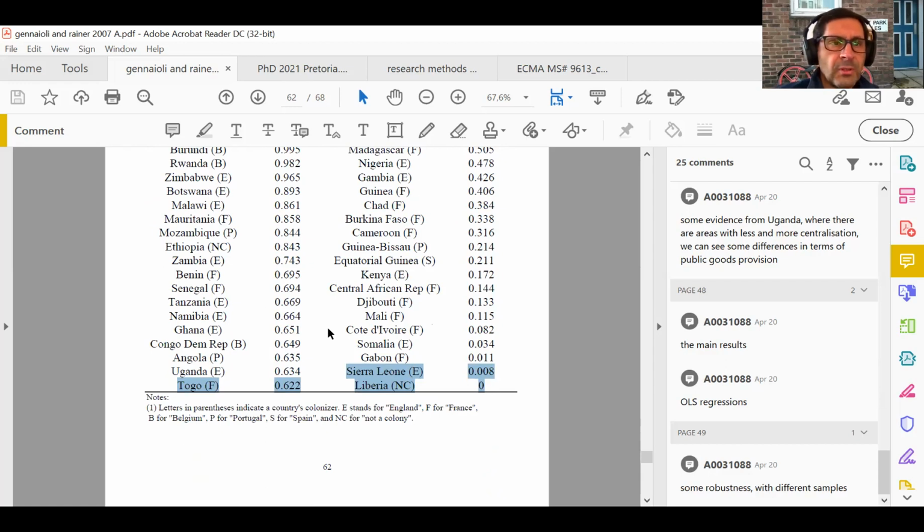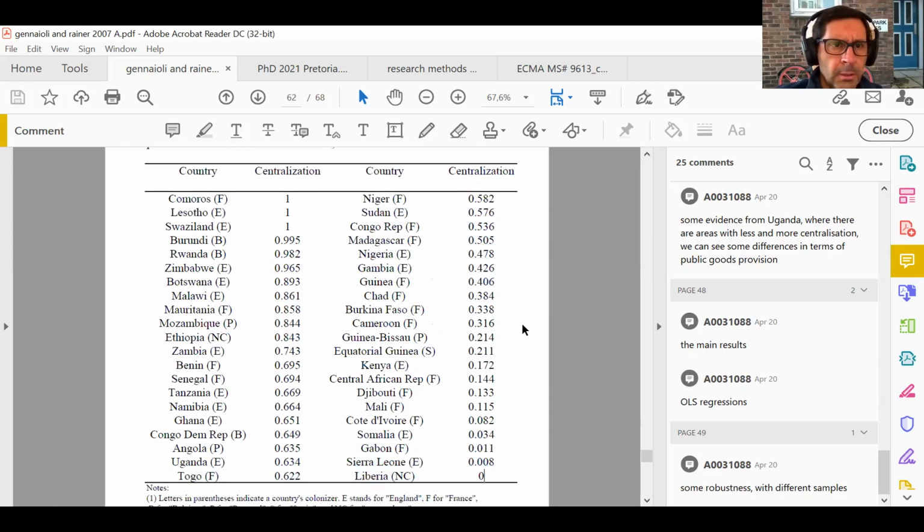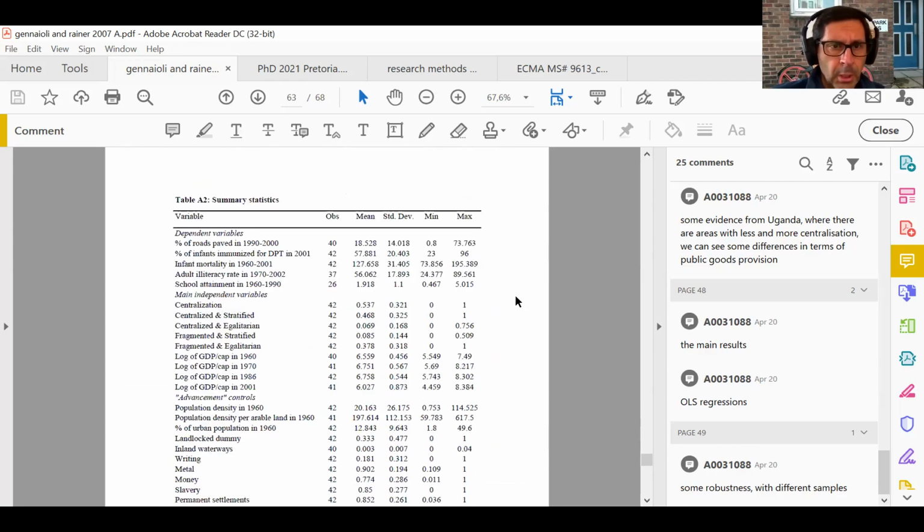Let me see if South Africa is there. I don't think it is, right? Don't ask me why, ask them why South Africa is not there, probably because they couldn't get the data. Zimbabwe is there, obviously, because of the Great Zimbabwe and because of the splinter group, coming from the Zulus, which created a different ethnicity in Zimbabwe.